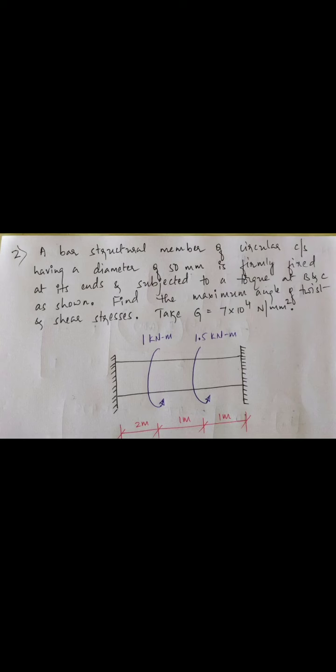At each node there will be only one type of load, due to which there will be only one type of displacement. This sentence will be repeated: at each node of the bar or shaft structural member, there will be only one type of loading, that is torque or the twisting moment, due to which only one type of displacement will occur, that is nothing but angular displacement.